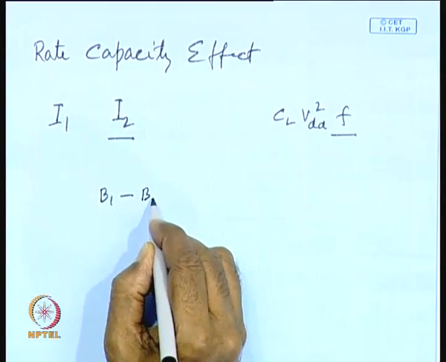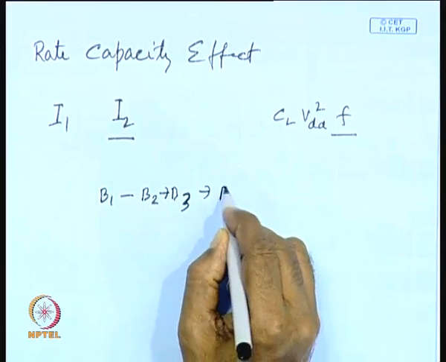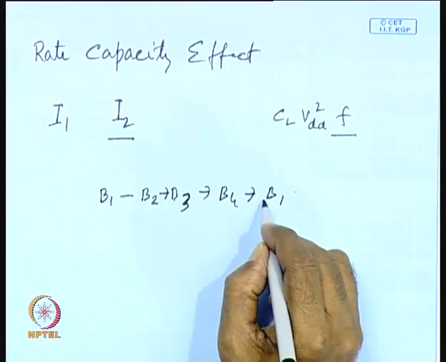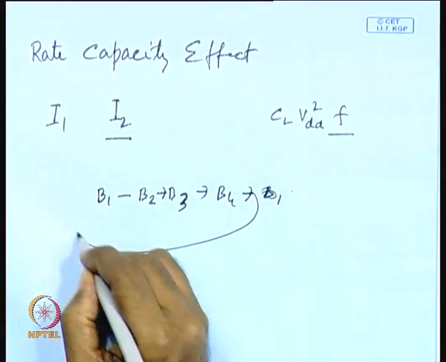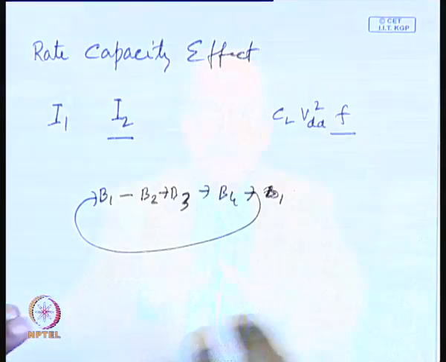In this way, you will be doing battery 1, then battery 2, then battery 3, then battery 4, then battery 1 again. So, you will be using the batteries in a round robin fashion. Whenever you are using the batteries in round robin fashion, obviously each battery will get enough recovery time, and as a result actual capacity will increase.